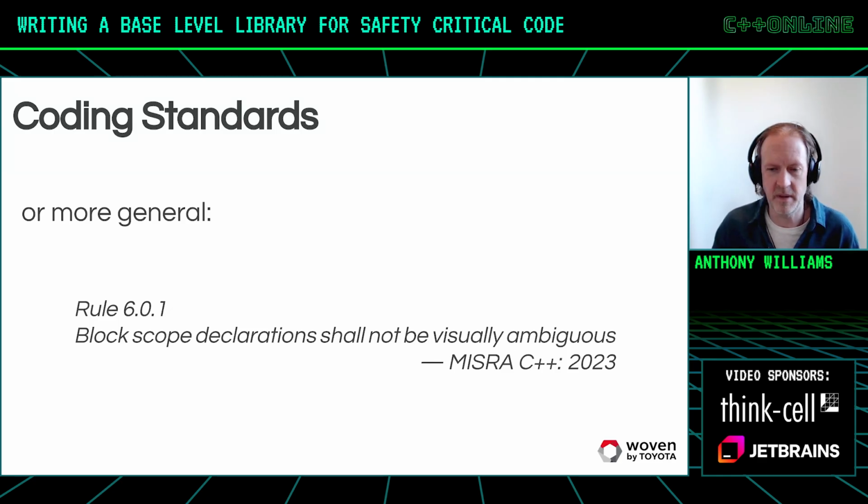But in this particular case, it's like: don't have variable names where the only distinguishing feature between them is that one's got a 1 and one's got an L, or one's got a 0 and one's got a capital O. It's fairly obvious when you look at it: is it clear what these two things declare and that they are distinct? But it still gives you scope for judgment, whereas the comma operator rule is quite unambiguous. If you have a use of a comma operator, then you're violating that rule.